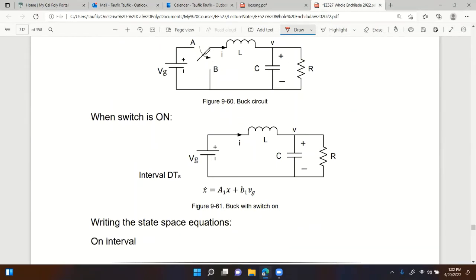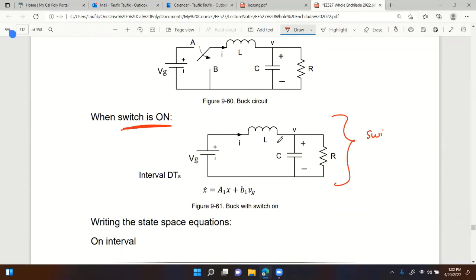When the switch is on, meaning the switch is on A, we have this circuit. That's how the circuit looks. And again, our objective here is to get x dot equals Ax plus Bu.